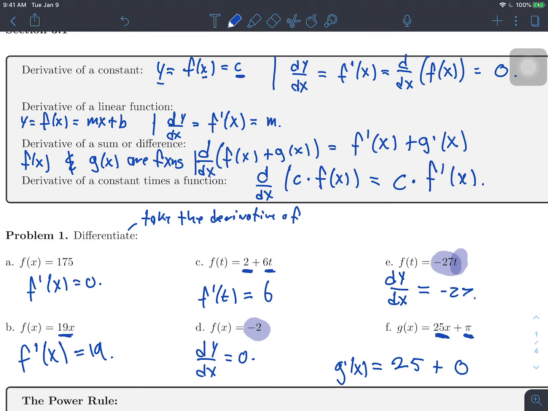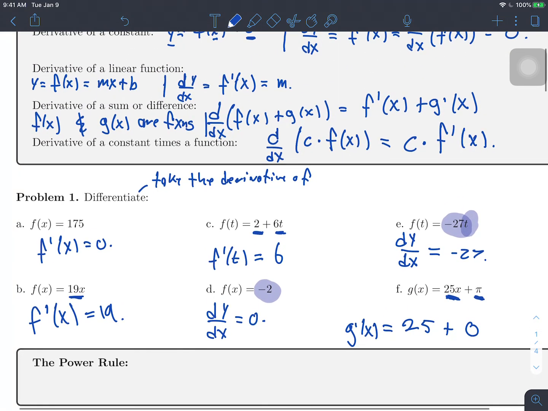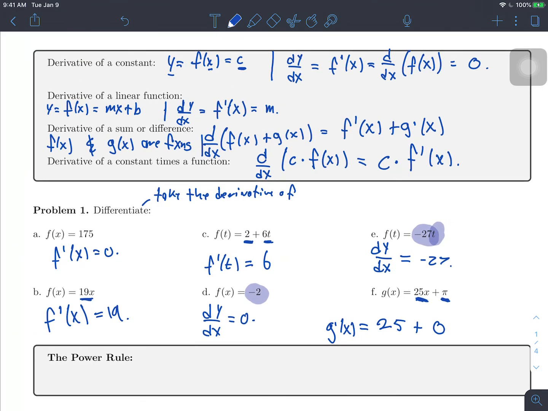So if we know f, and we know the derivative of f, the way we find the derivative of c times f is just by taking the derivative of f and multiplying by c. Okay? So it's basically like you can just pull it out, like a GCF. Okay, we'll have an example of that later on, I think. Yeah. Okay, so questions about these first 4 rules?